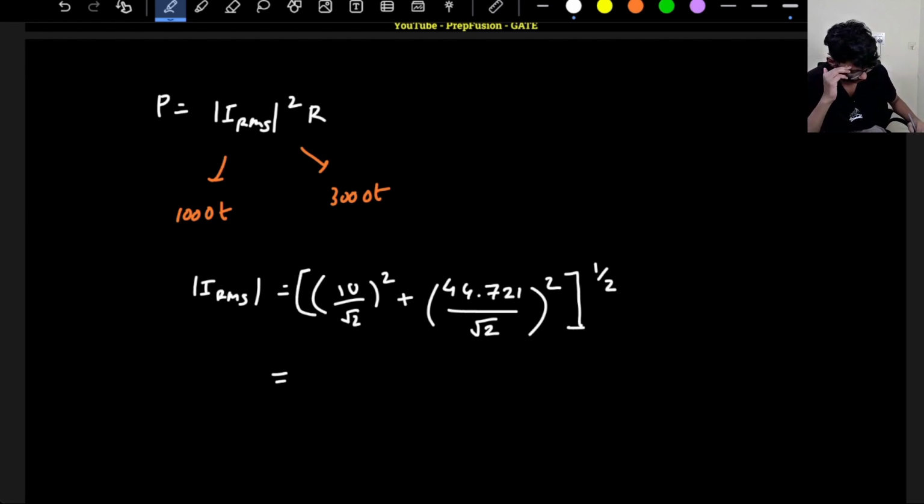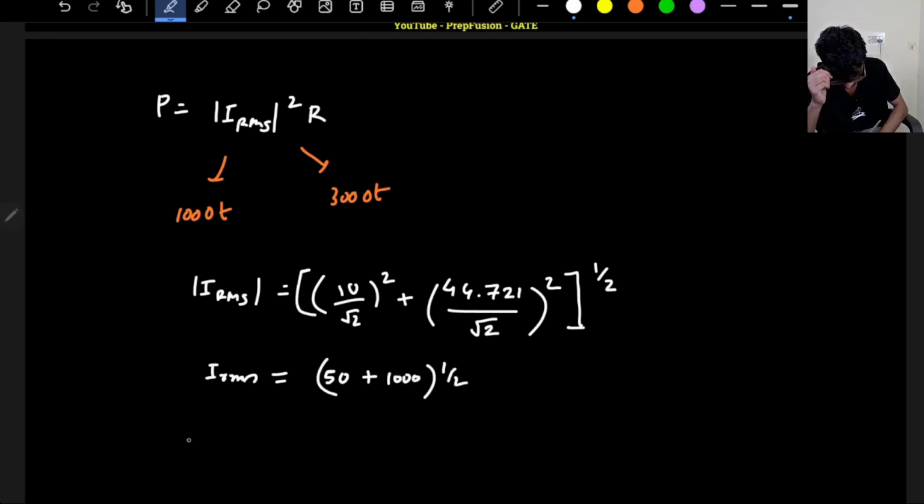So 10 by root 2 squared is 50, and 44.721 divided by root 2 squared is 1000. The whole square root is the I RMS basically.